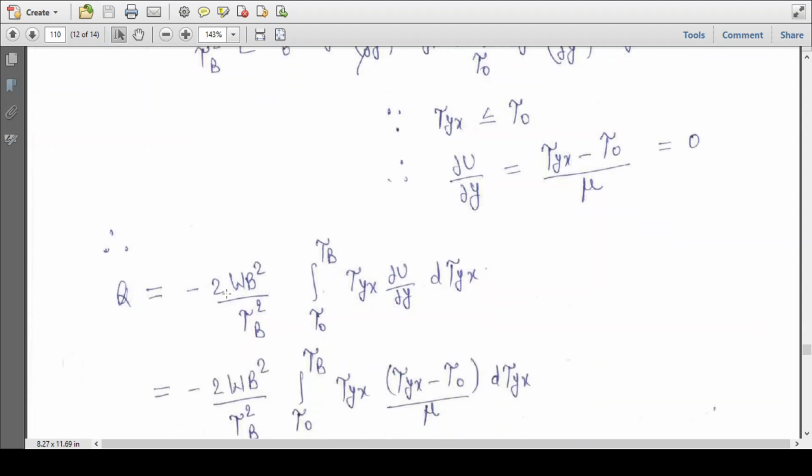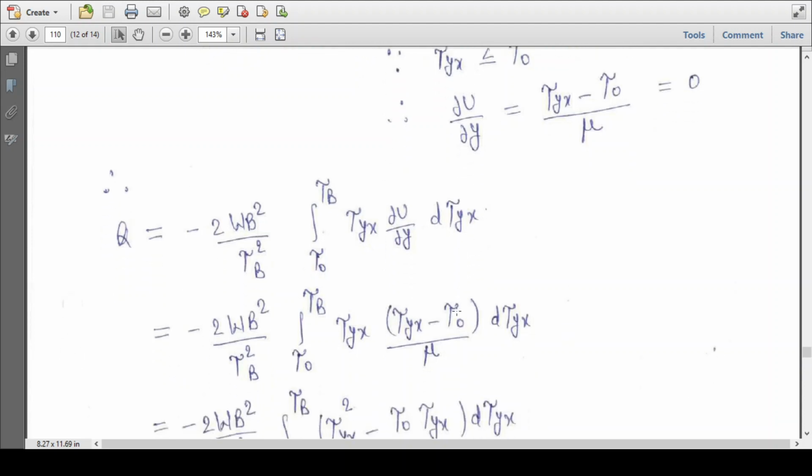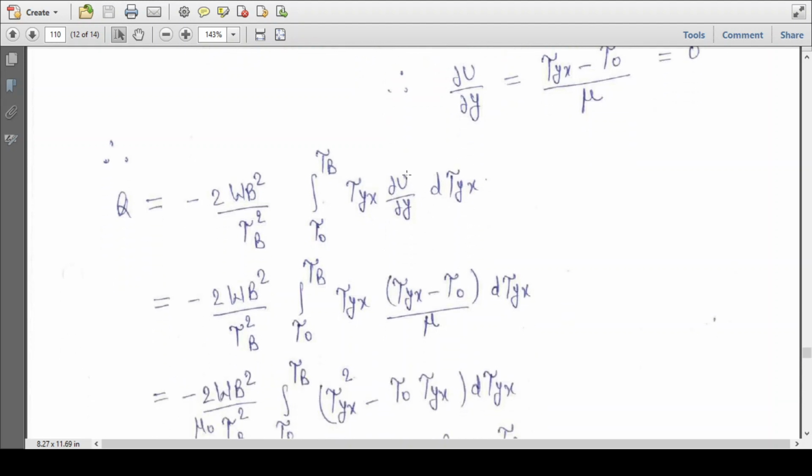So Q equal to minus 2W b square upon tau b square. The integration term is tau naught to tau b, tau yx del u upon del y d tau yx. Here we can substitute the expression for del u upon del y in terms of shear stress, this is tau yx minus tau naught upon mu d tau yx.